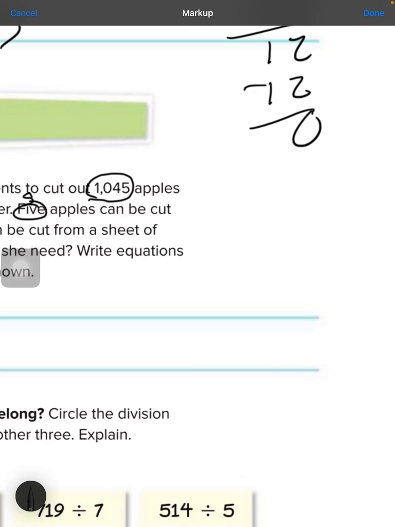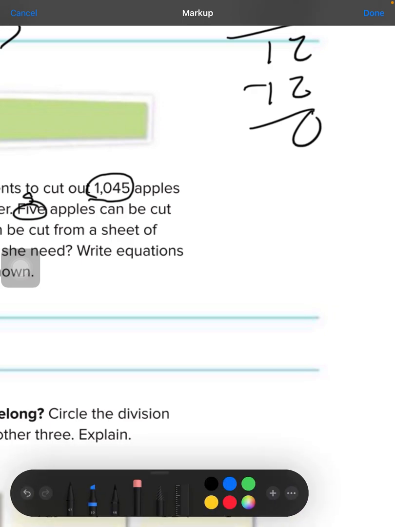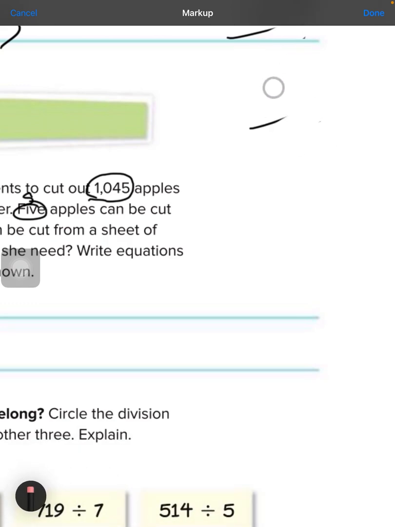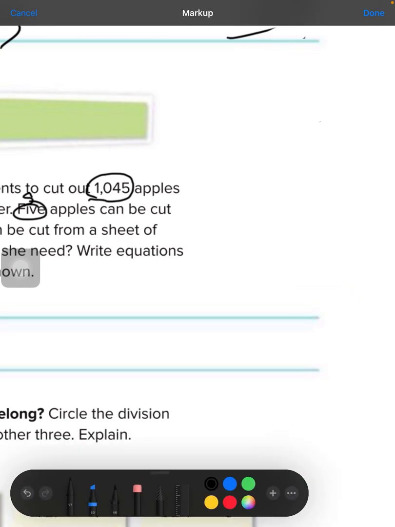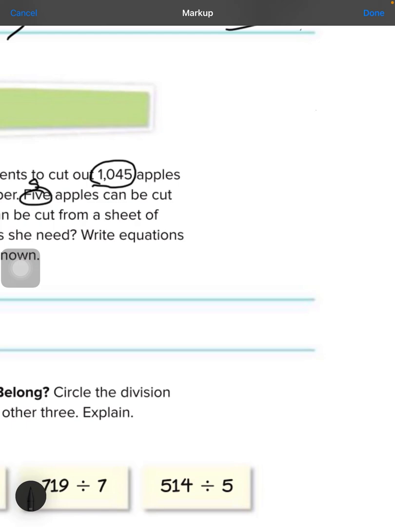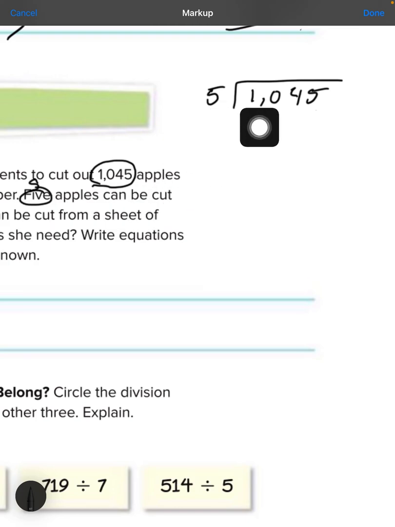This is going to be a good idea for you to get some graph paper because this problem is going to take a lot of work. In fact, I'm going to erase a little bit of this right here so I have some space. So 5. We have 5 apples and we need to cut 1,045. And we know that the answer is going to tell us how many sheets of paper.